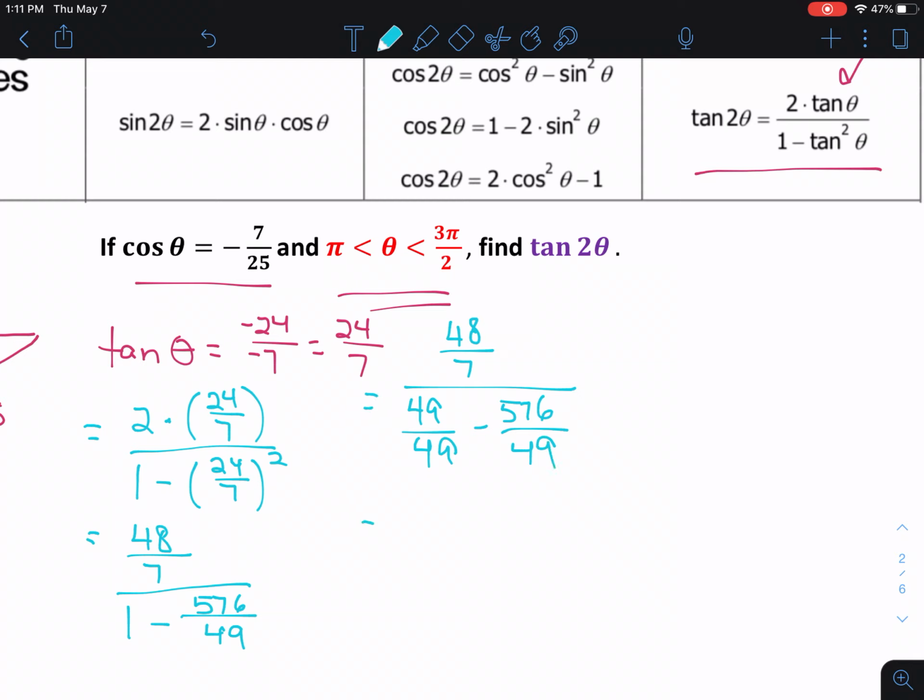So the bottom would be 49 minus 576 would give me negative 527 over 49. Okay, so then I'm just going to multiply by the reciprocal.